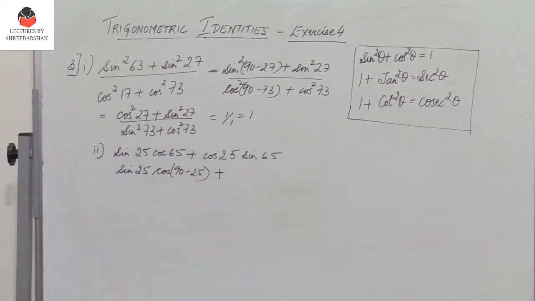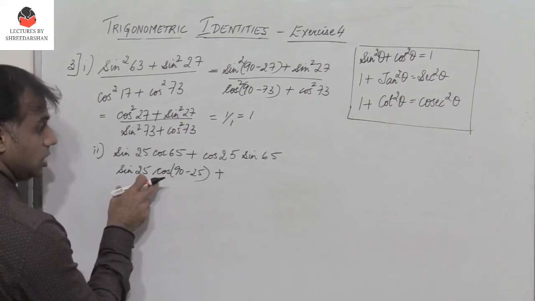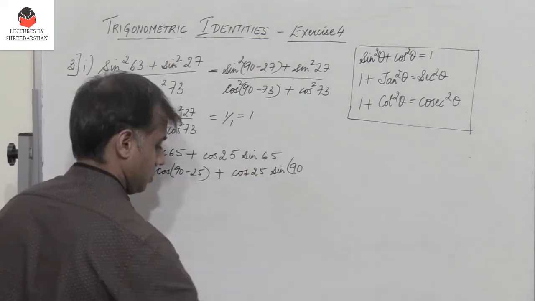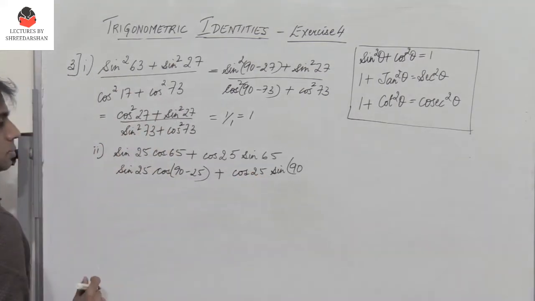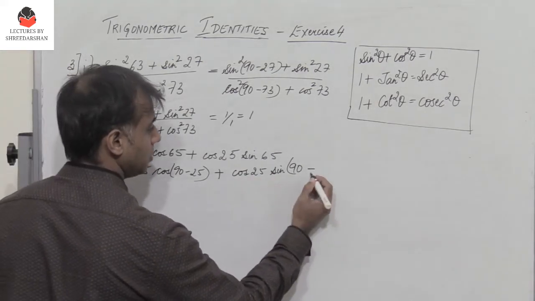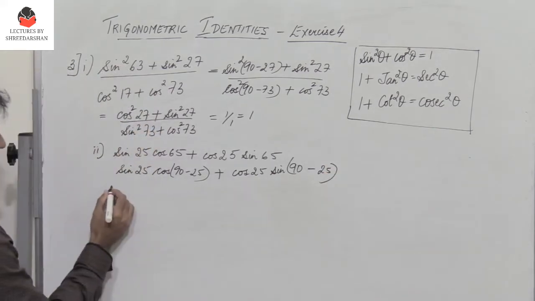Now what should I do? Here I have converted cos to sine. I need to convert cos to sine here, and here I have to convert sine to cos. So I have cos 25 into sine of 90 minus 25. So this gives me 65.